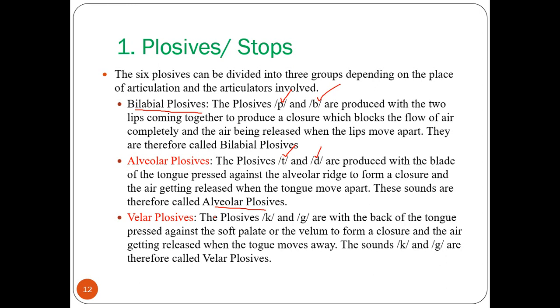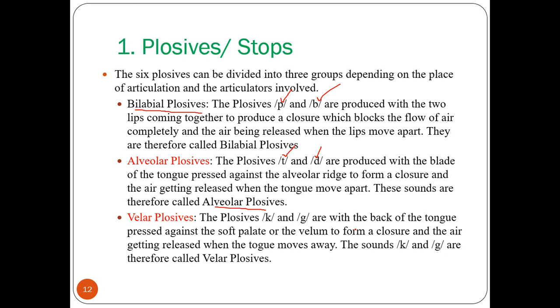Now move on to the third pair, velar plosives. The plosives k and g are produced with the back part of the tongue pressed against the soft palate or velum. The soft palate is also known as velum. This forms the closure, and the air gets released when the tongue moves away.